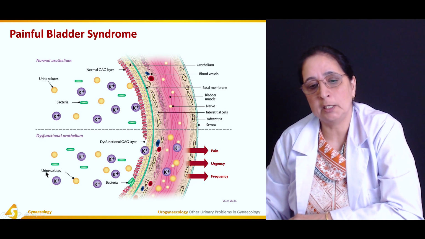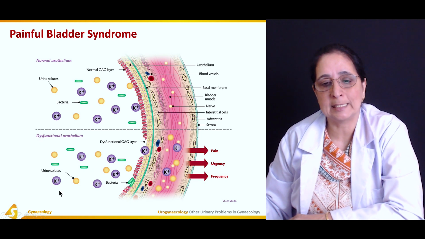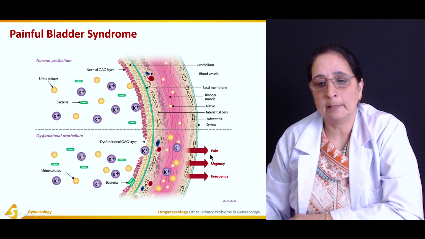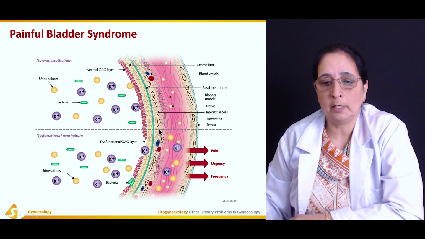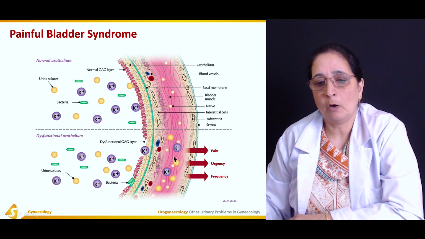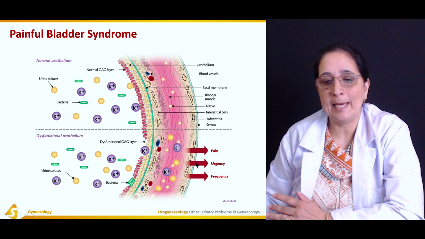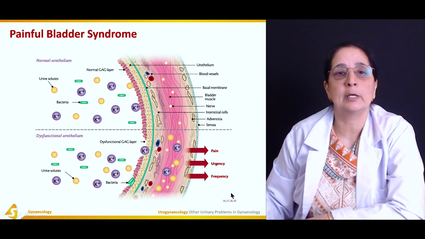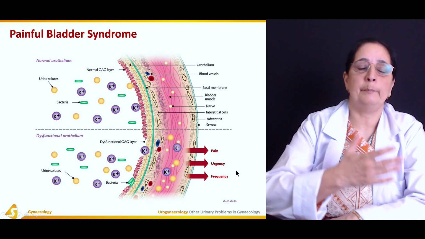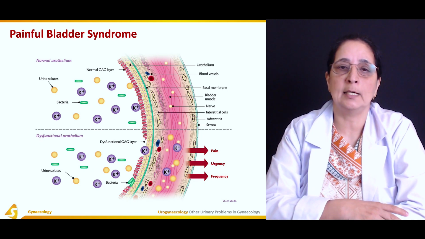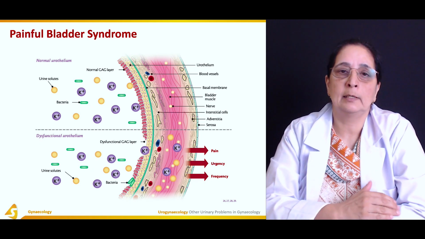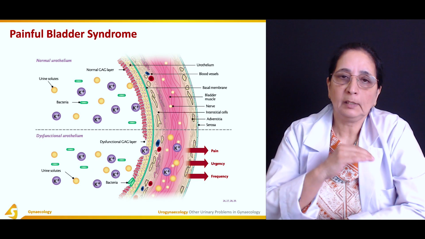So when there is dysfunctional urothelium or dysfunctional GAG layer, what happens then? There is crossage of different solutes, bacteria, potassium into the urinary bladder, and all these can lead to pain, urgency, and frequency. So the problem in painful bladder syndrome is the dysfunctional urothelium.